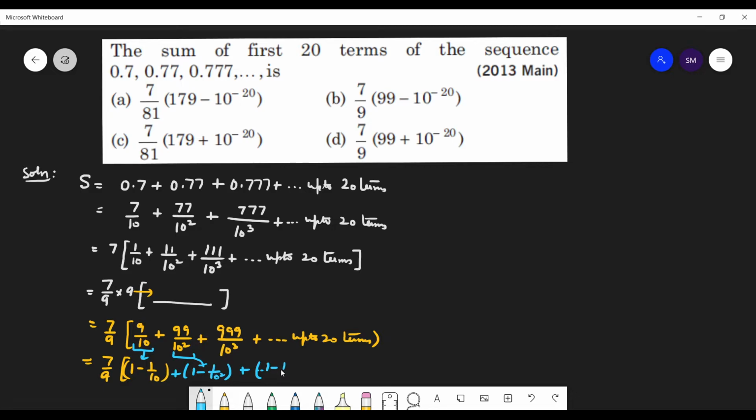Okay. So we'll get here 20 minus 1 plus 1 by 10 raised to the power 20, right? Agreed or not, students? Yes, sir.